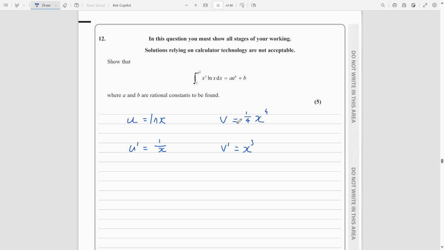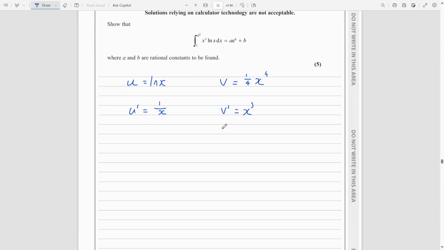So the integral is going to be uv, so that's a quarter x to the 4 ln x minus the integral between 1 and e squared of v u dash, which is a quarter x cubed.